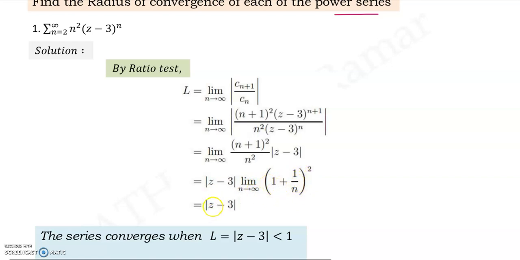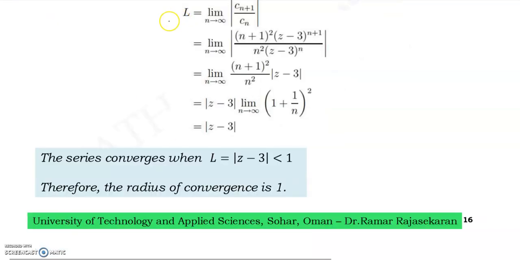So you will get modulus of z minus 3. L is mod z minus 3. The series converges if L is less than 1. So if mod z minus 3 is less than 1, then it converges. Therefore what is the radius? Mod z minus 3 less than 1, so the radius of convergence is 1. That's it.